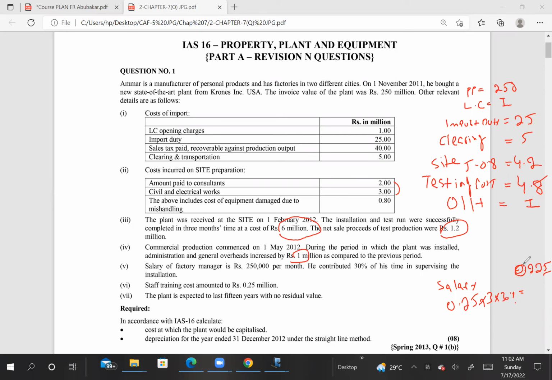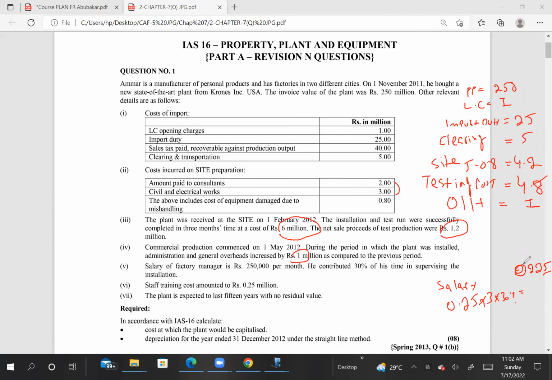So what will be the total cost? It will be 250 plus 1 plus 25 plus 5 plus 4.2 plus 4.8 plus 1 and plus 0.225.